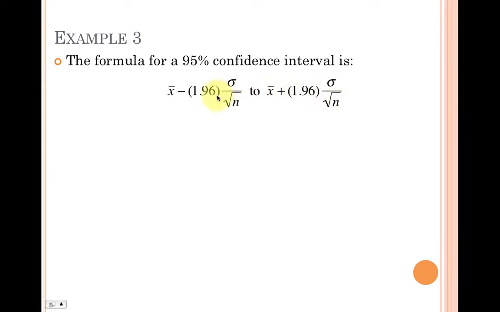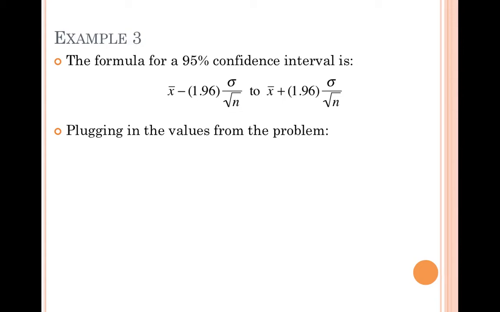So the 1.96 is the z-score associated with a 95% confidence interval. So we're going to plug in our values of a sample mean, which came out to be 170 from the words of the problem. Sigma, the population standard deviation, was 30, and n, the sample size, was 100. So put those in, and now go to your calculator.